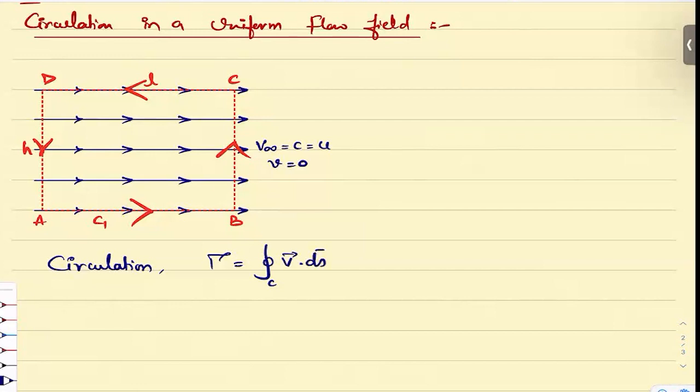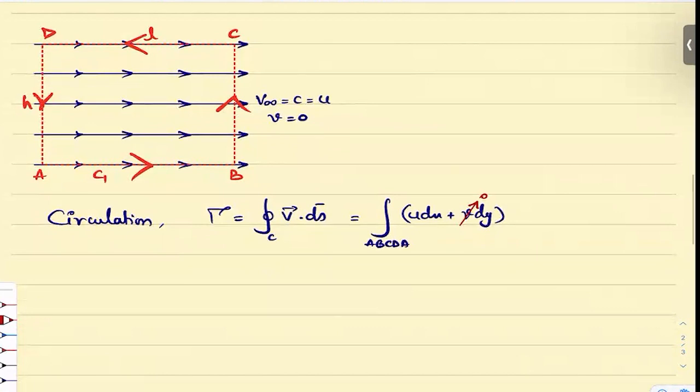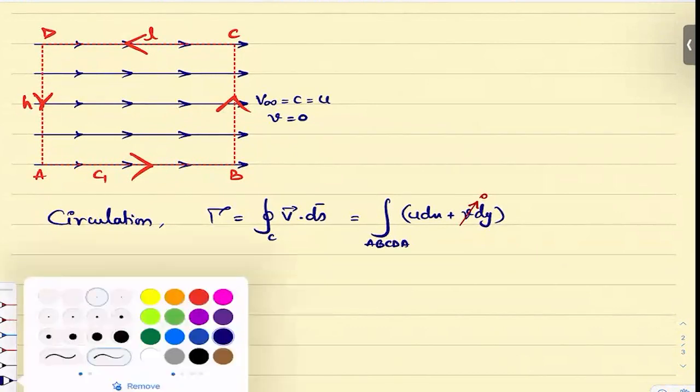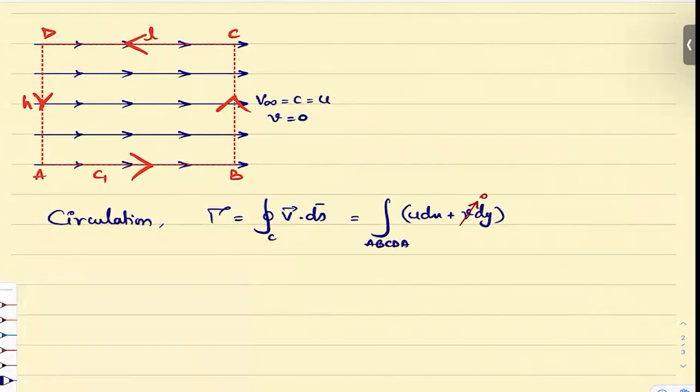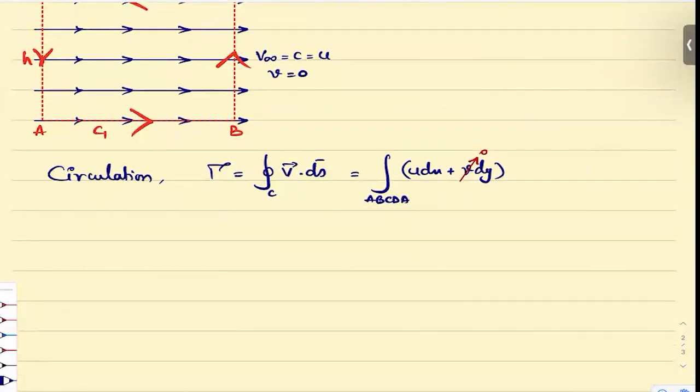Since I have u and v, I will express it around the closed curve A, B, C, D, A as u dx plus v dy. 2D, right? Still it is 2D, where v is always 0 for this flow and u is V infinity.